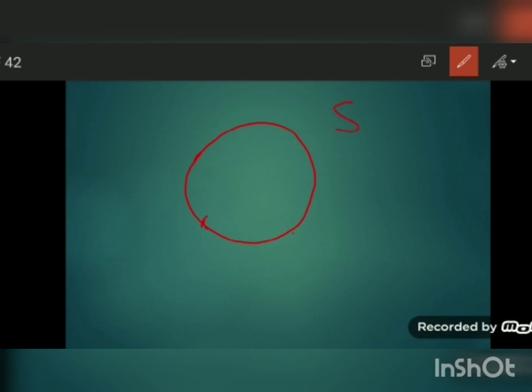So distance covered in circular motion is equal to the circumference, that is 2 pi r. Now suppose one round is completed in time t seconds, then velocity is equal to distance upon time, that is v equals 2 pi r upon t.